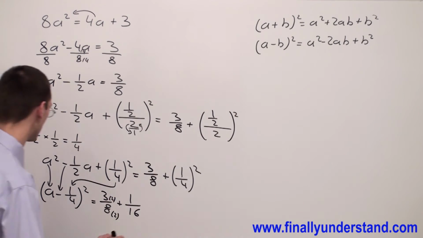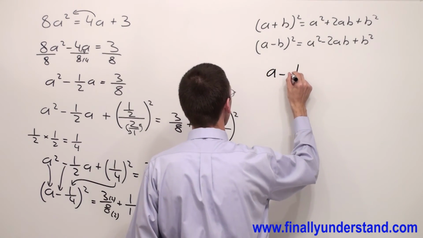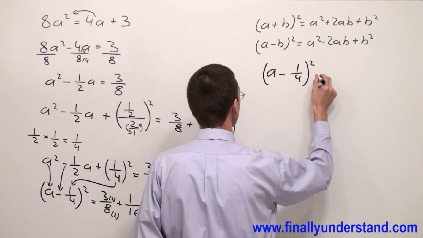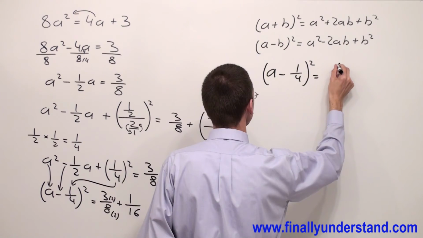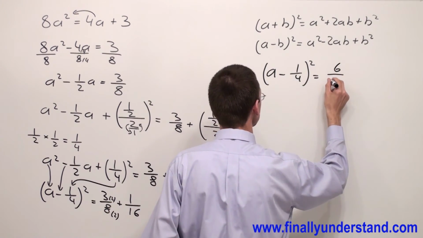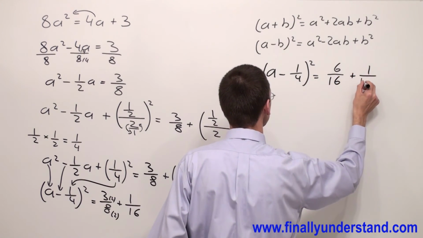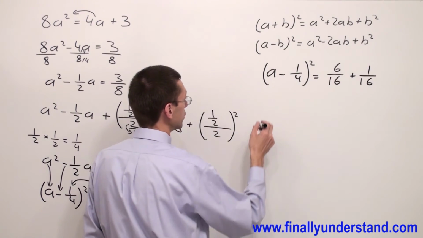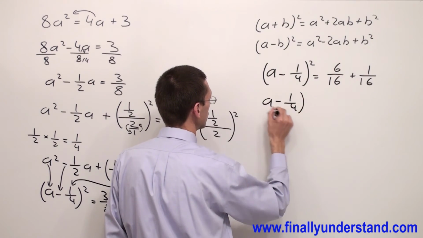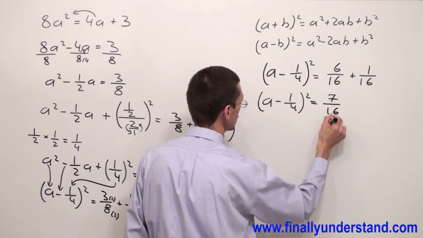Okay, that's why I can rewrite my equation as a minus 1/4 to the second power equals 3 times 2 is equal to 6 over 16 plus 1 over 16. So this is equal a minus 1/4 to the second power is equal to 7 over 16.